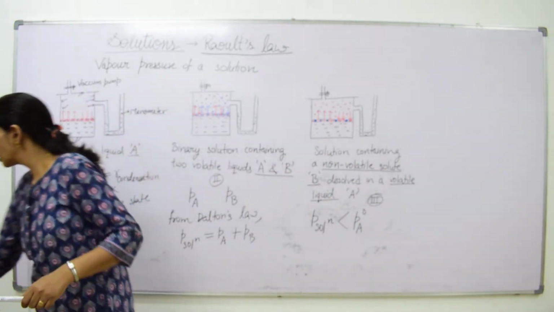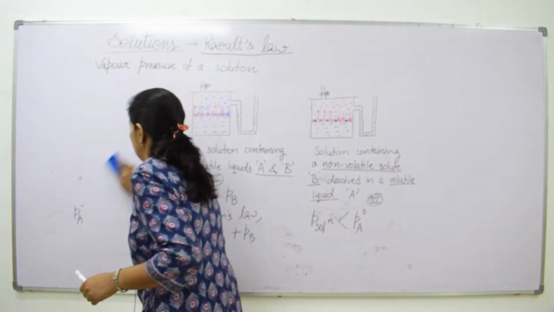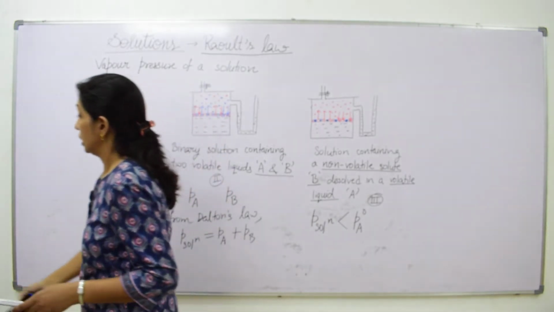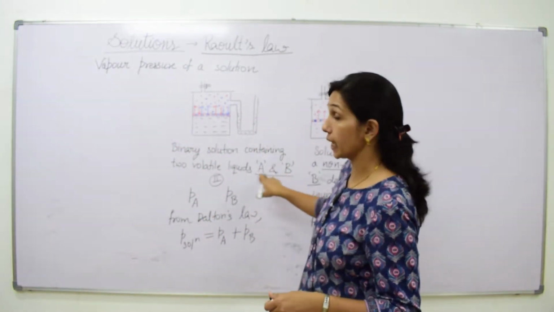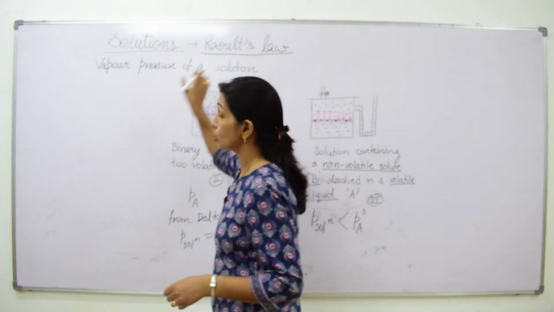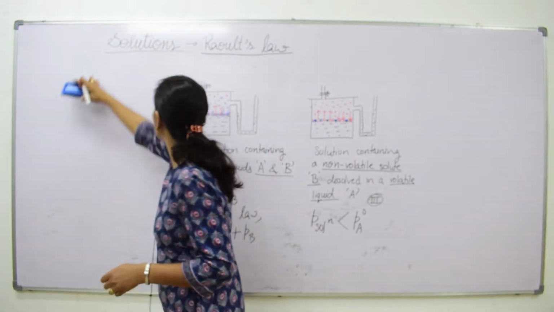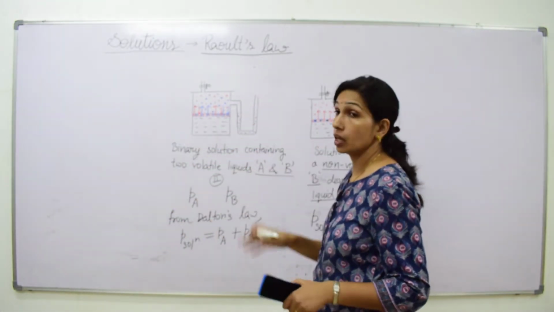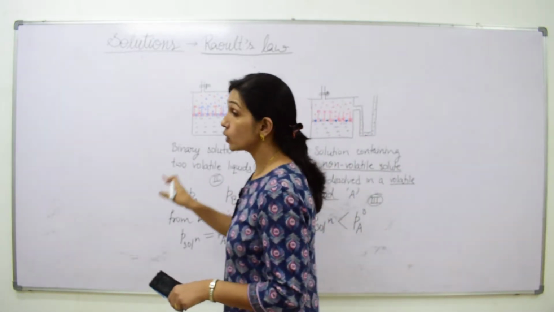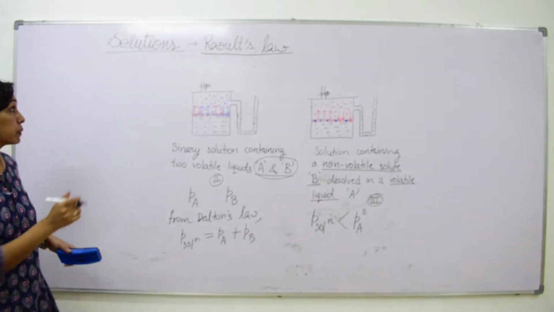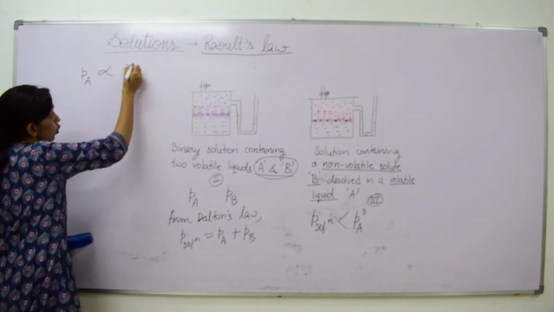We can understand it by taking a binary solution of two volatile liquids A and B. According to Raoult's law, the vapor pressure of each component is directly proportional to its mole fraction.